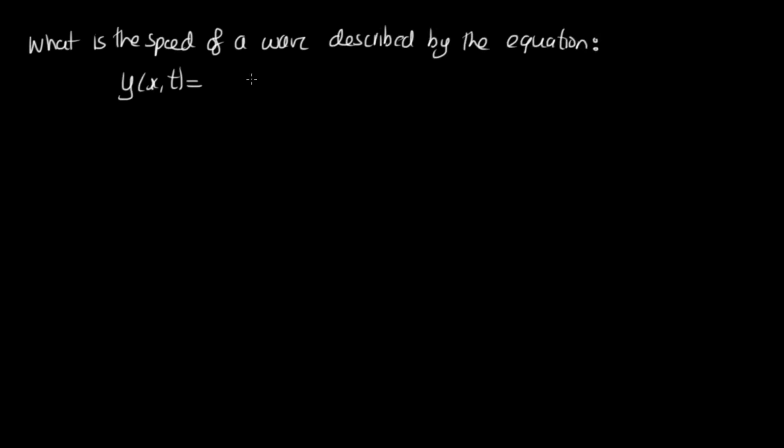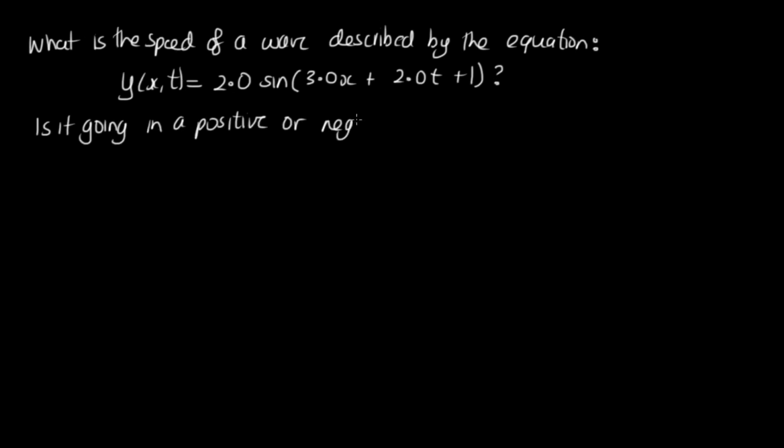So the question is, what is the speed of a wave described by the equation y of x and t is equal to 2 sin(3x plus 2t plus 1)? Is it going in a positive or negative direction? Okay, so to answer this, we'll need to use our equation v is equal to omega over k. Now, omega in this case is what's in front of the t.